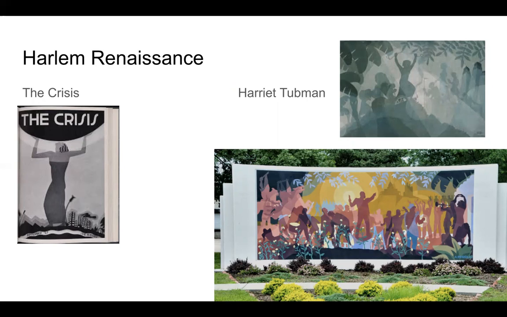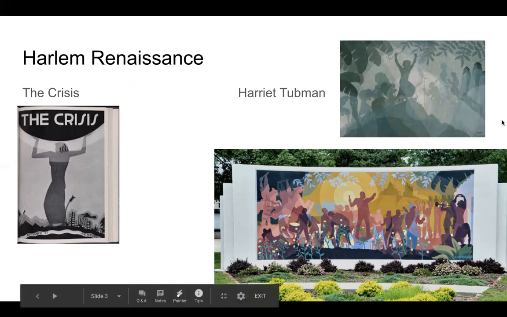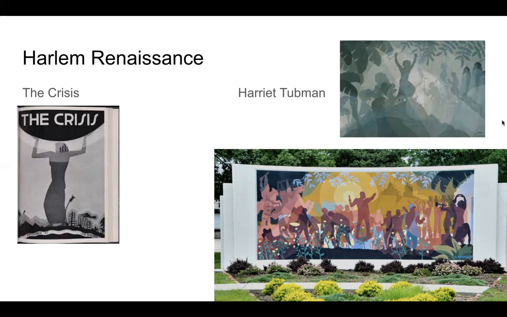As you can also kind of see once it goes into the murals, he really likes to do a lot of monochromatic type of layering to emphasize form and value and things like that over shading with a lot of details. He did a lot of silhouette work, like you can see here in his work, Harriet Tubman.